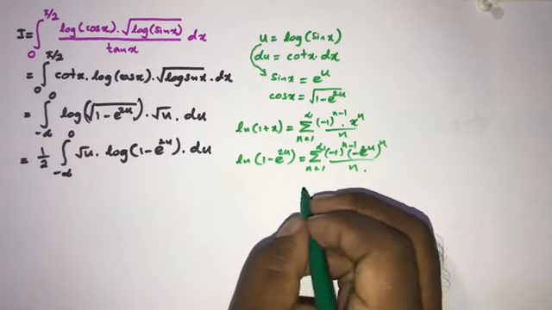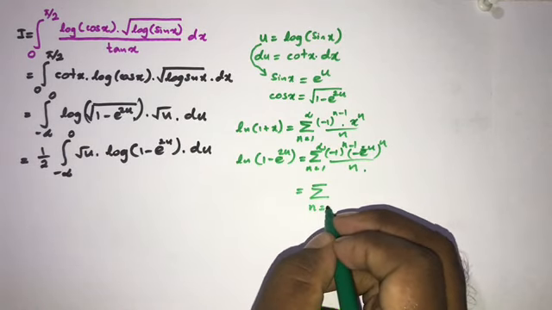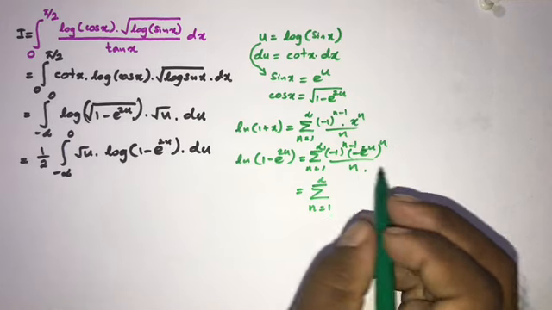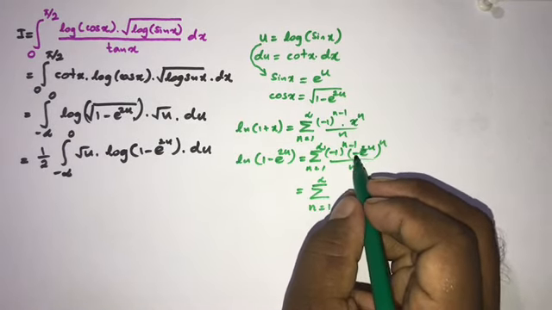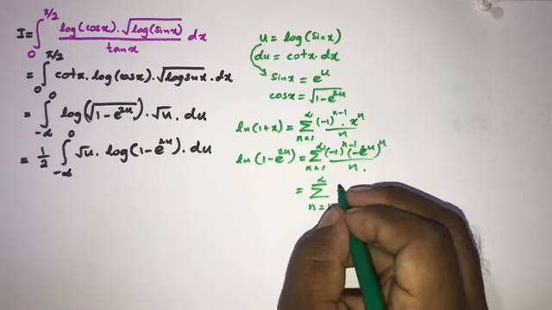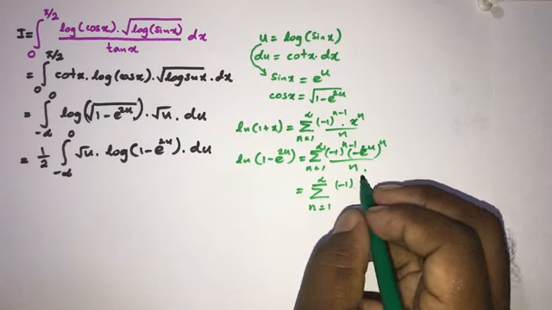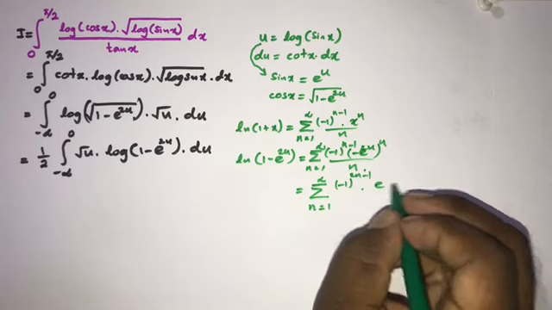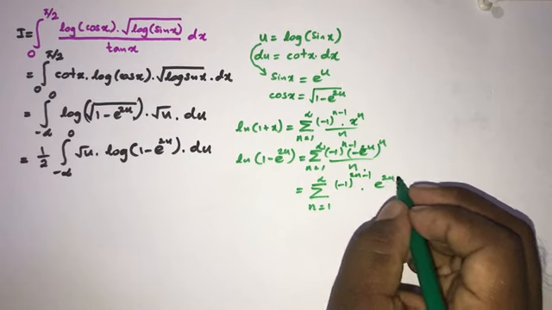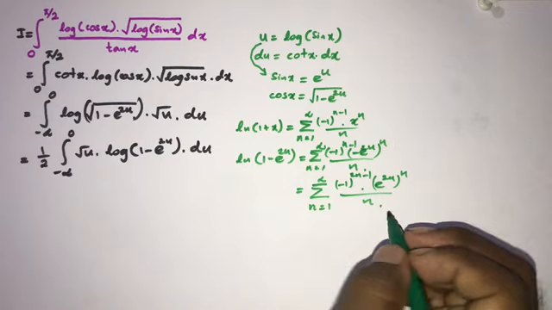Okay, now we can simplify. The infinite sum from n equal 1 to infinity, now here we have minus 1 to the n minus 1 and minus 1 to the n, so we can write minus 1 to the 2n minus 1, e to the 2u raised to the n over n.